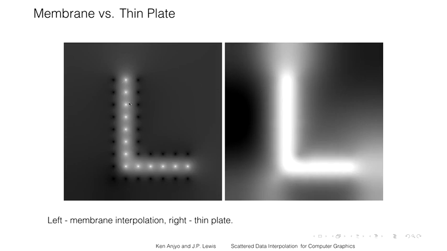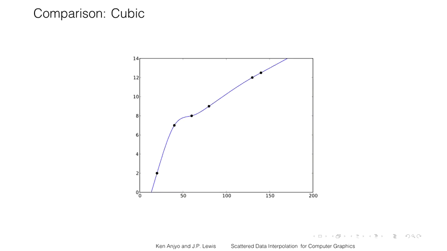In the Laplace interpolation, you get this spiky thing. In thin plate interpolation, you get a smooth result. Thin plate interpolation, restricting us back to one dimension, is the same thing as natural cubic spline. So here's our natural cubic spline applied to our data.